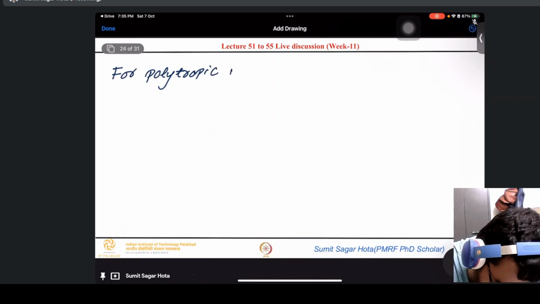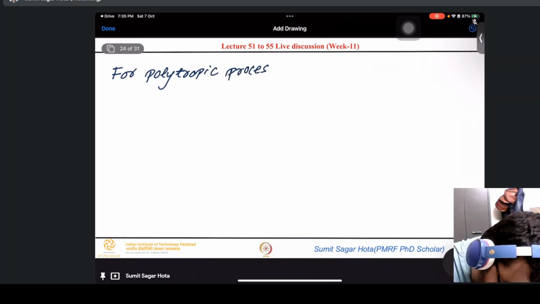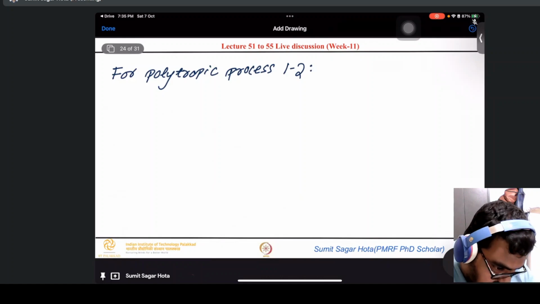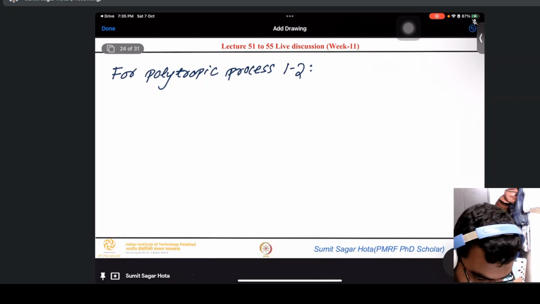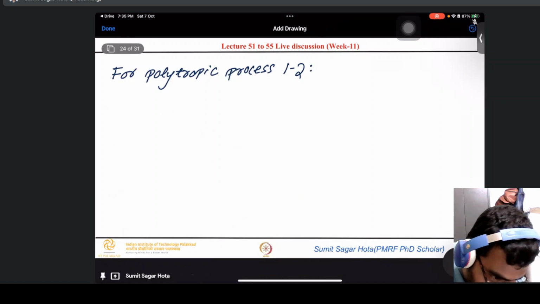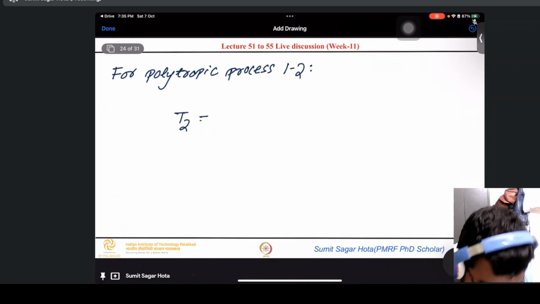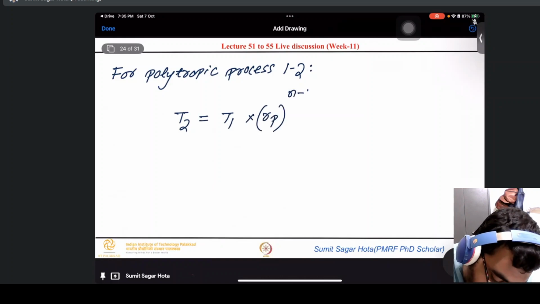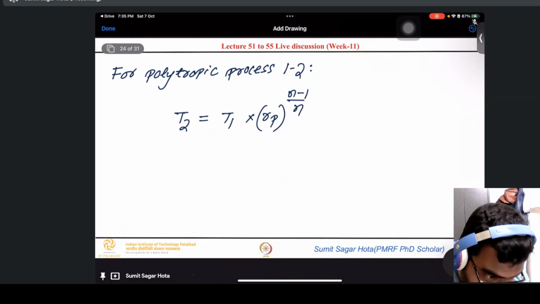For polytropic process 1 to 2, I change the pen because this is the new thing. Other things we already did. From now onwards we see some new things. T2 equal to T1 into Rp to the power n minus 1 by n.